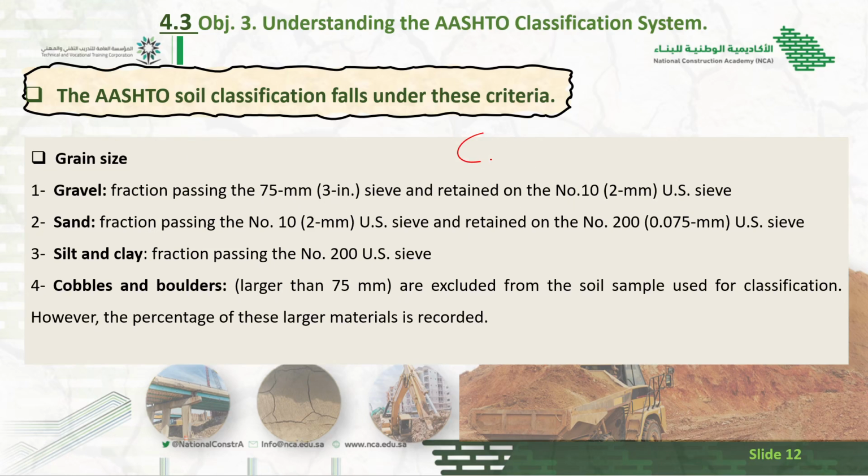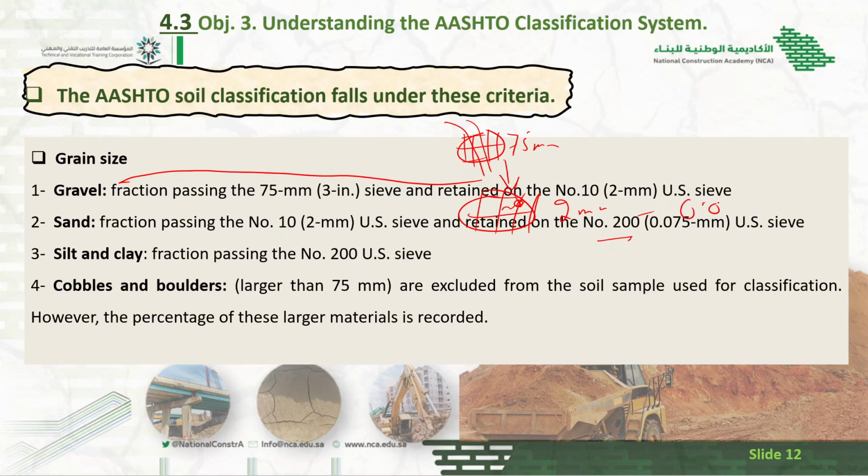It means if this is the sieve, 75 mm, and the material passes through this, and this is the other sieve, number 2 mm, and it is retained here, this type of soil is called what? Gravel. Same for the sand, if it passes through 10 and is retained on 200.